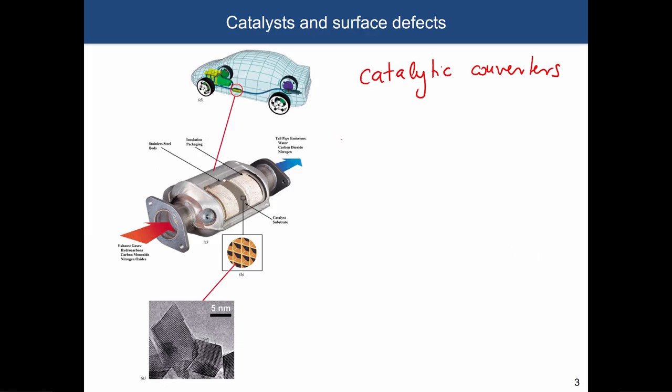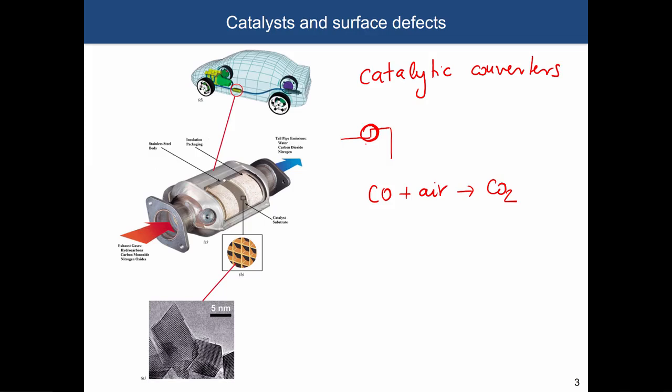The role of these surface defects is that if this was the surface of the material and this was the surface defect, there would be additional points where carbon monoxide can attach to the surface and experience chemical reactions. What happens in cars is that carbon monoxide, which is toxic, interacts with the oxygen from the air and forms CO2.